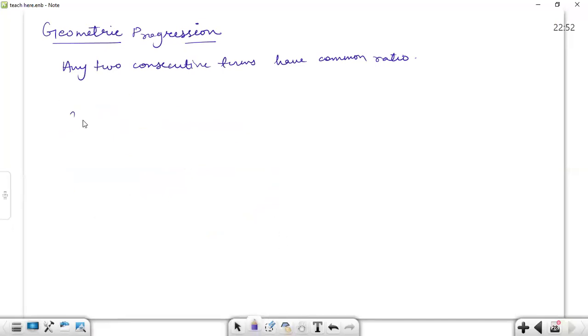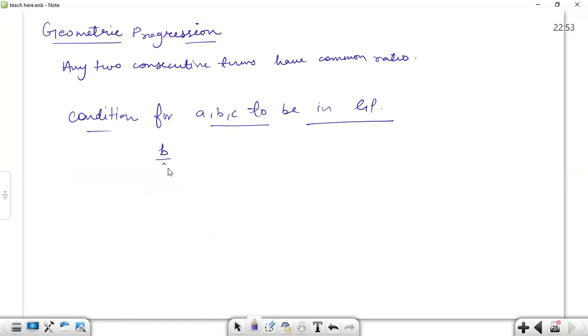So let's now first understand the condition for three terms A, B, C to be in geometric progression. If A, B, C are in geometric progression, we know B by A has to be equal to C by B. If we further solve it, we can write B square is equal to AC. If B square is equal to AC, we may write A, B, C are in GP. If A, B, C are in GP, we may write B square is equal to AC.